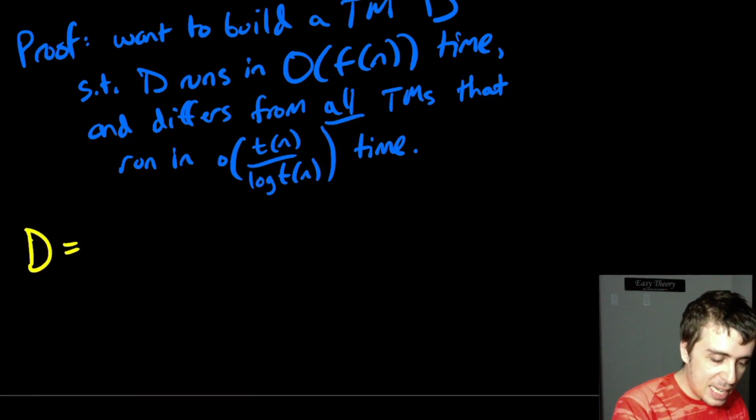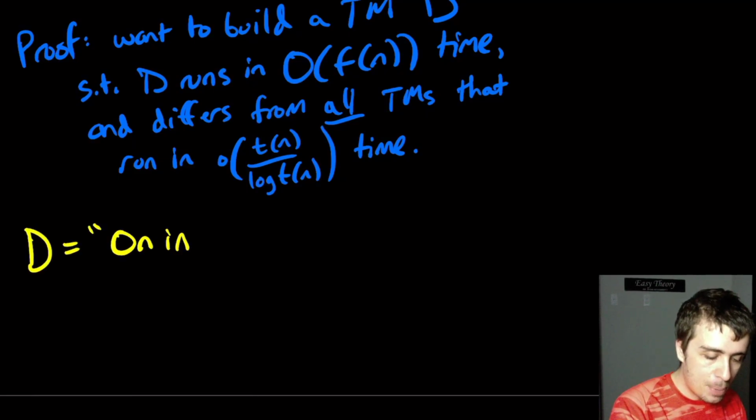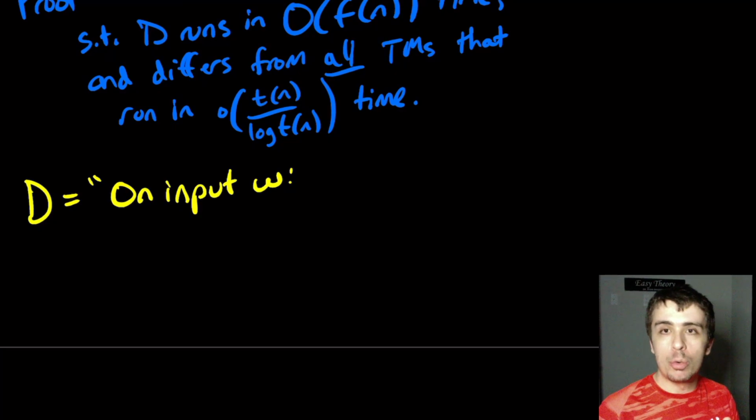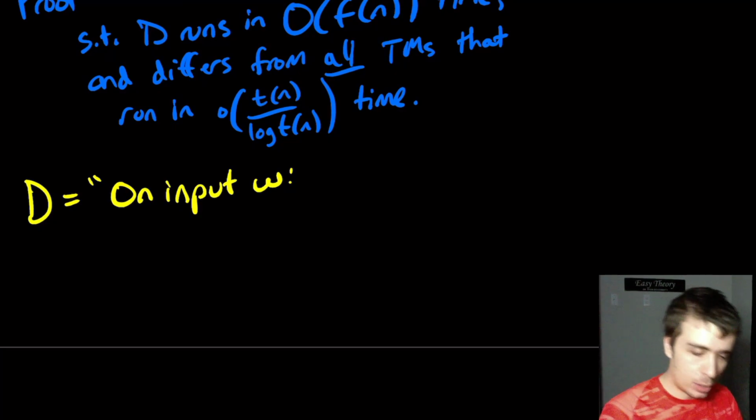D is going to be given some input, let's say W. Then what we want to do is actually construct that counter.